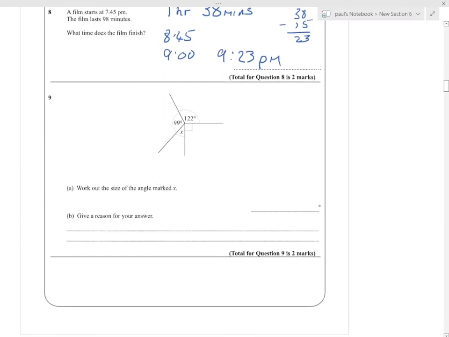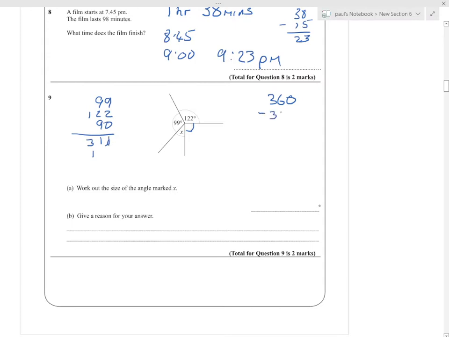Right, work out the angle marked X. Well, all the way around is 360. So if we take away what we know, we'll have X. What do we know? We've got 99, 112, 2, and that one there is 90. So add that lot up together. It's 11, 10, 19, 20, 21, and 3. 311.